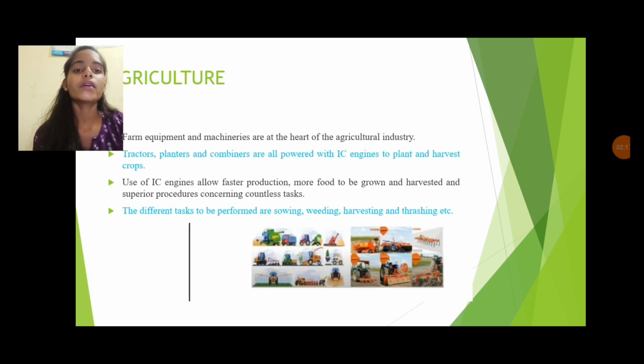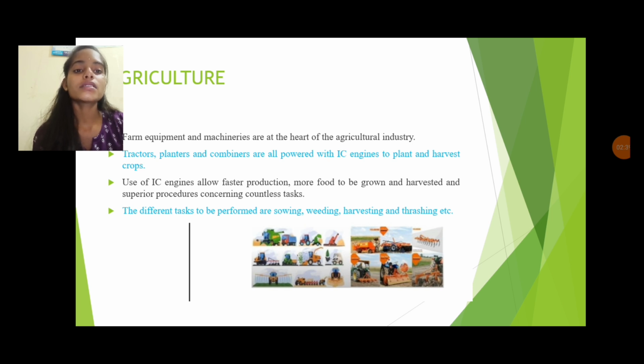Agriculture: farm equipment and machinery are mechanized at the heart of the agriculture industry. Tractors, planters and combines are powered with IC engines to plant and harvest crops.